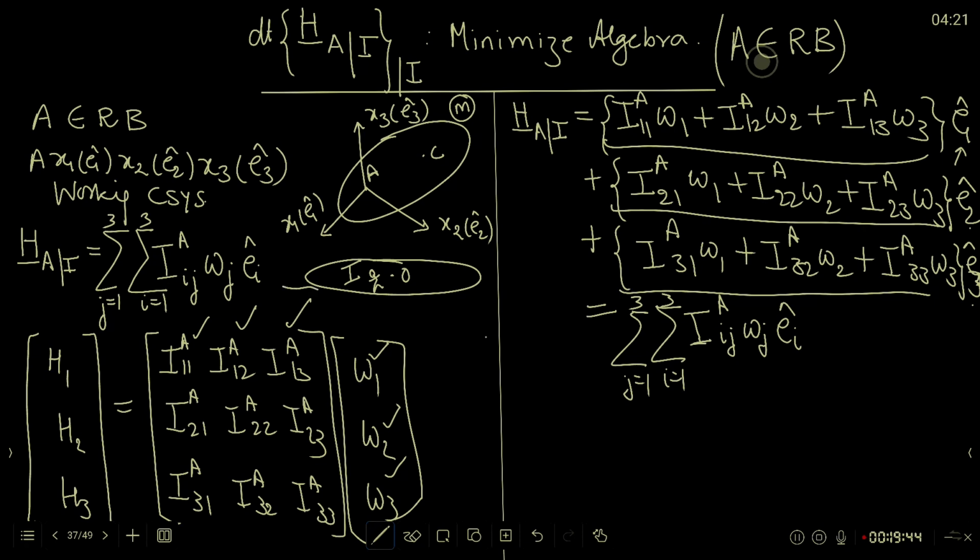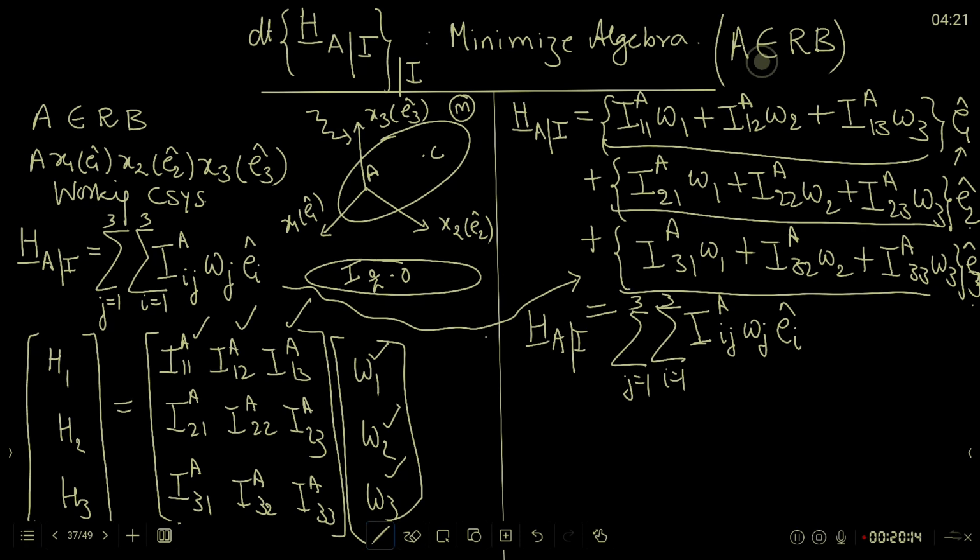This compact expression comes from here. I hope that is clear. So if I have this HAI expression where I am using this coordinate system as my working coordinate system, this is the expression.